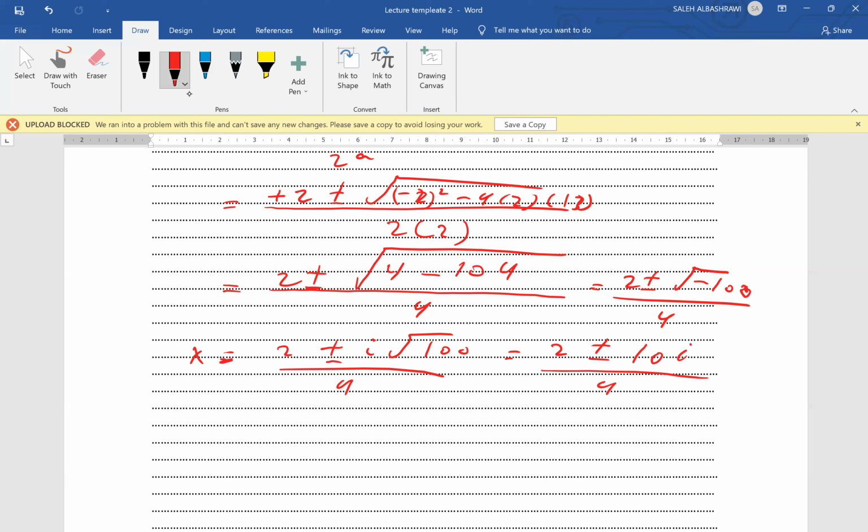Either x equals 2 plus 10i divided by 4, or 2 minus 10i divided by 4.